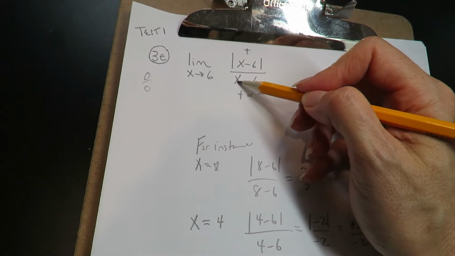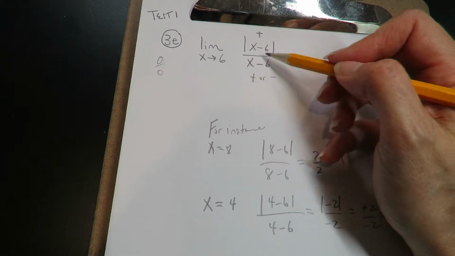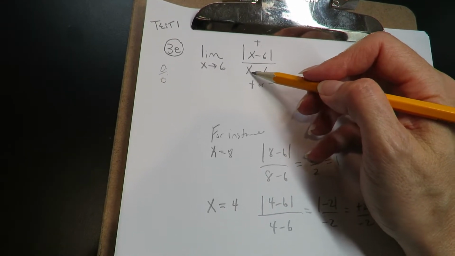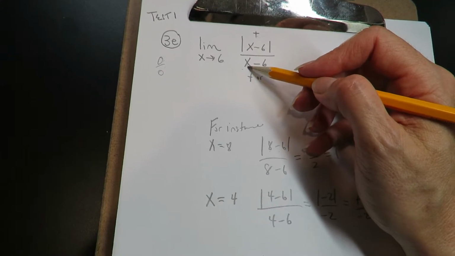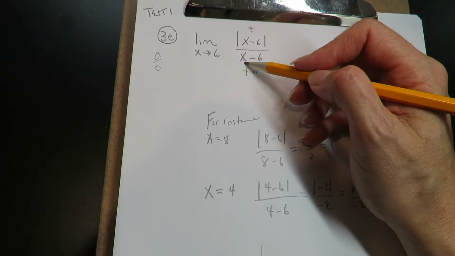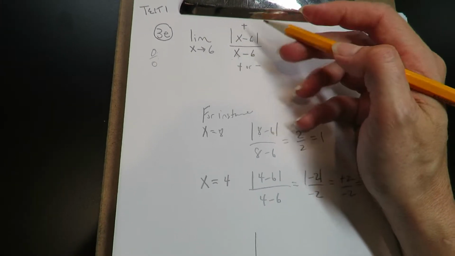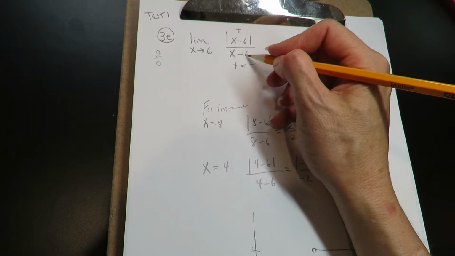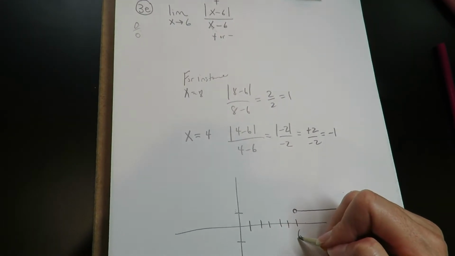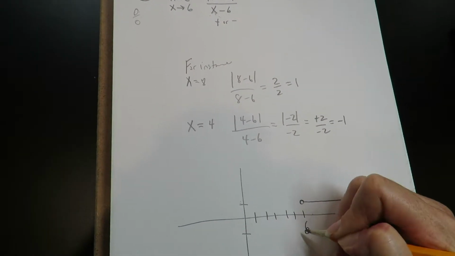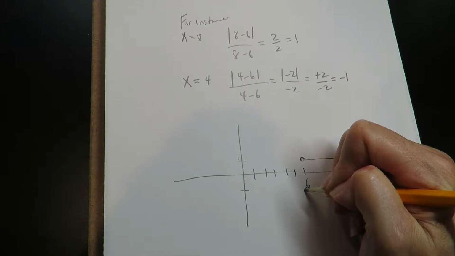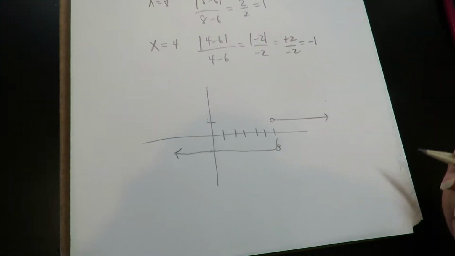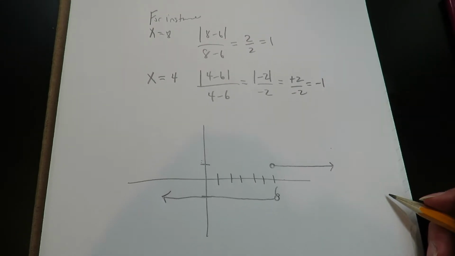But the minute that you plug in something less than 6, 5.9, 5.8, 5, 4.5, anything less than 6, the minute that the number on the left is smaller than the number on the right, it's going to become negative. So anything less than 6 will output a negative 1.